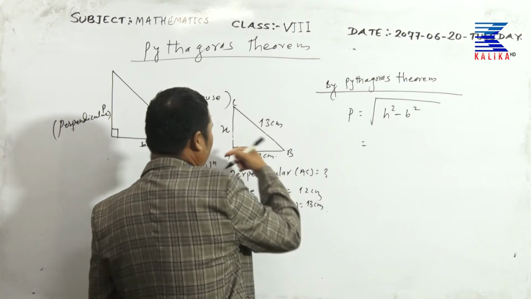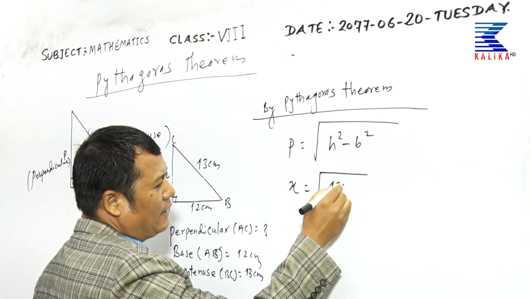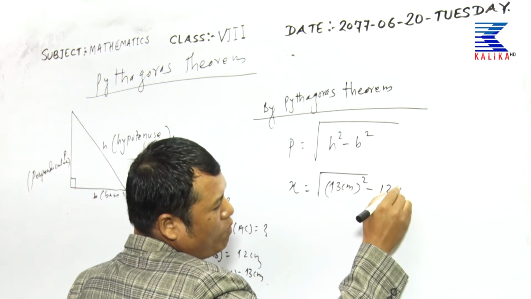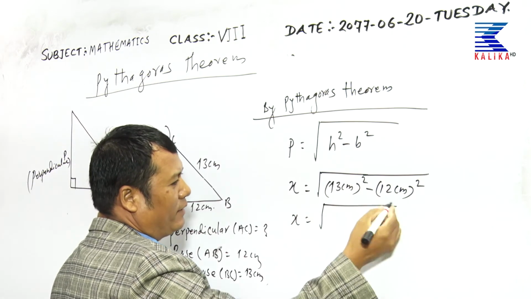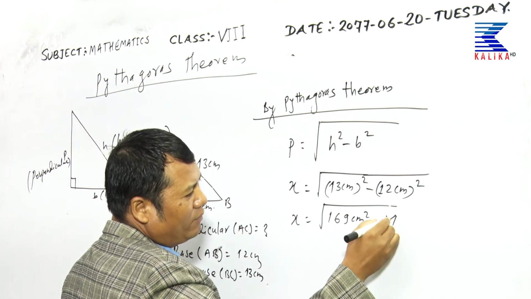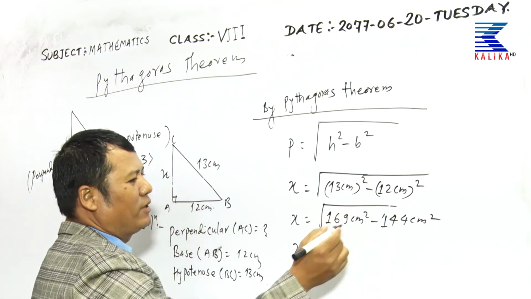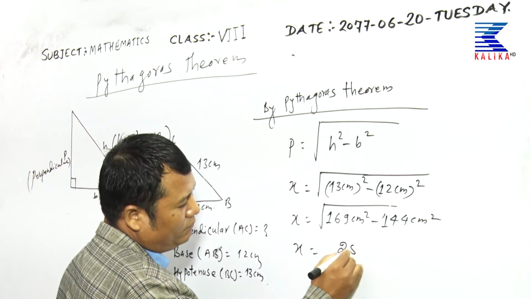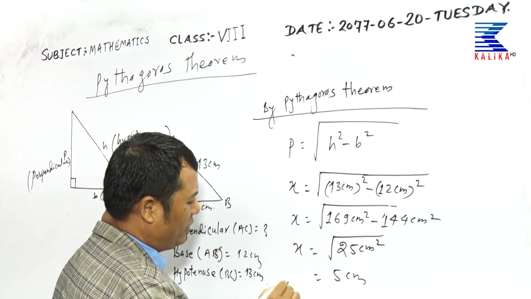P means x, h means 13 square, minus base means 12 cm square. x is equal to 13 means 169 cm square minus 12 means 144 cm square. Now x is equal to the difference between them, it is 25 cm square, and the square root of 25 is 5 cm.